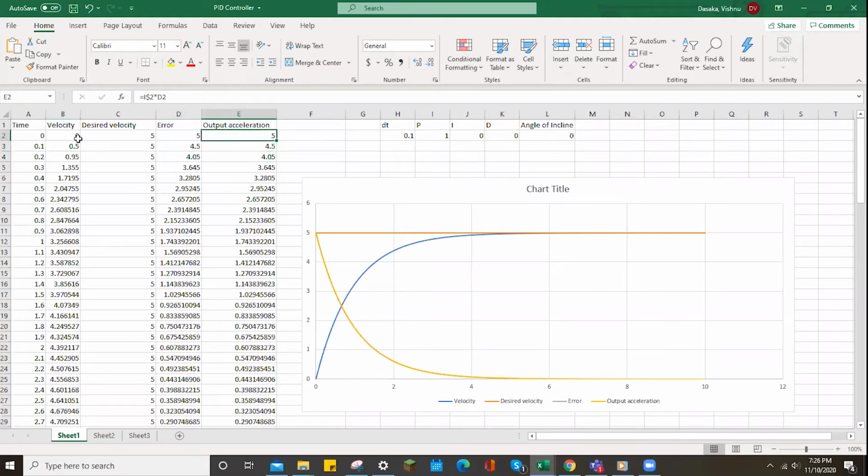As velocity keeps increasing, your error keeps decreasing, and your output acceleration keeps decreasing, and it goes around in a circle with all of them being proportional to each other.